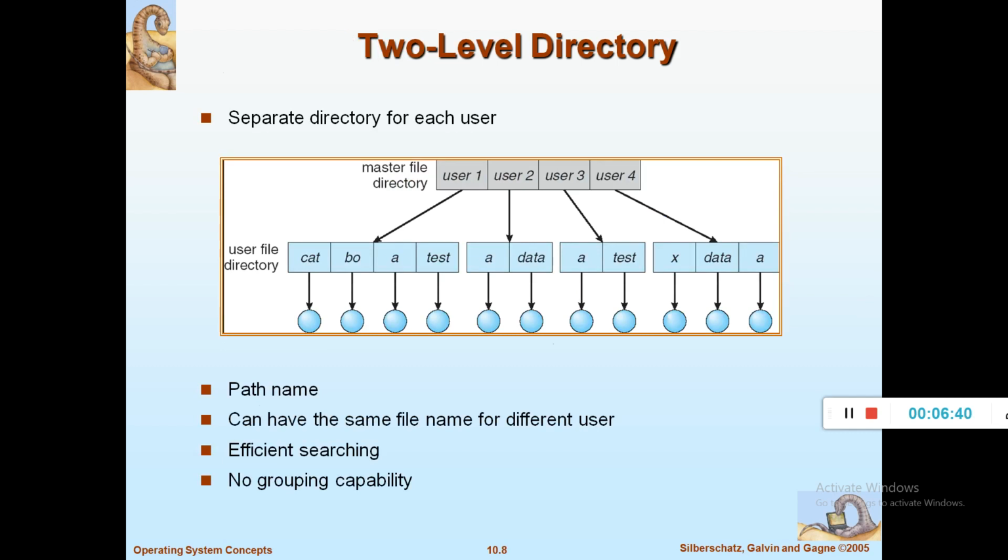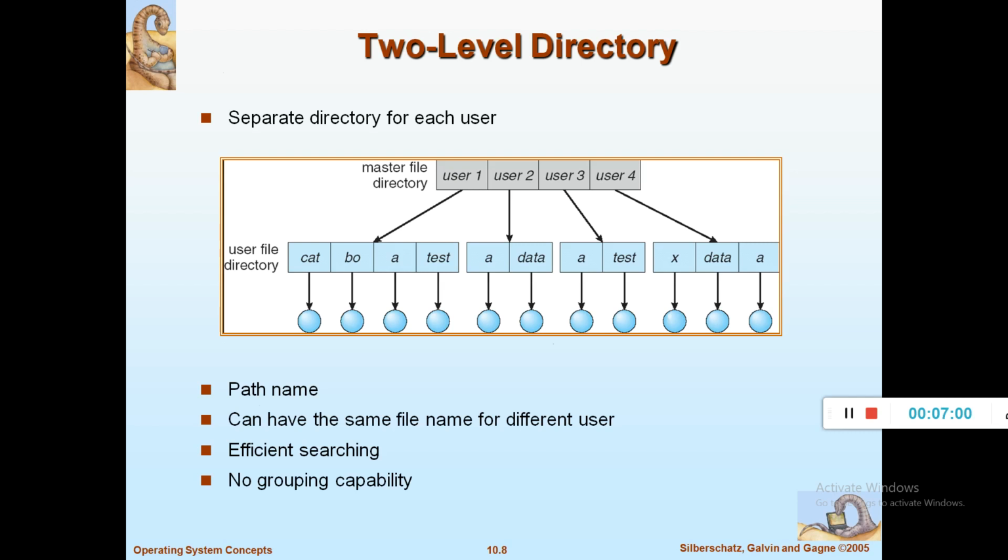Instead of maintaining all the information at one level, instead of taking a semester, we consider the user. If there are four users, then we create four different directories, called user 1, user 2, user 3, user 4, and the contents of those files are maintained separately.